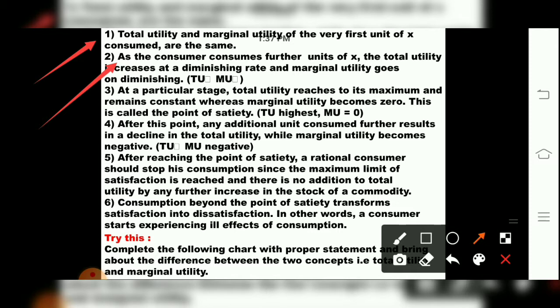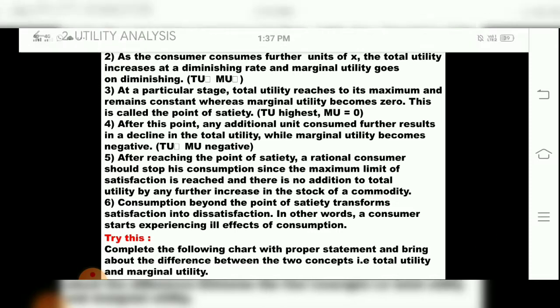After the first, then the second, then the third unit, total utility increases at a diminishing rate and marginal utility goes on diminishing.